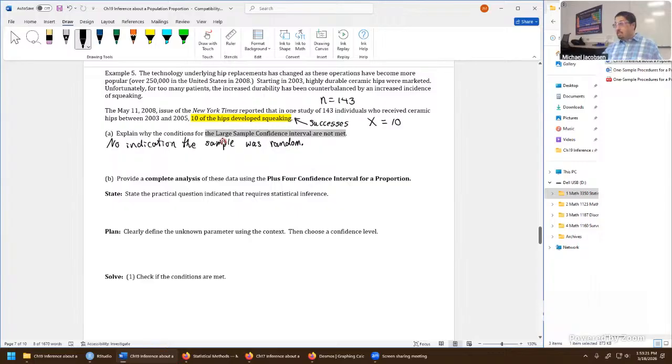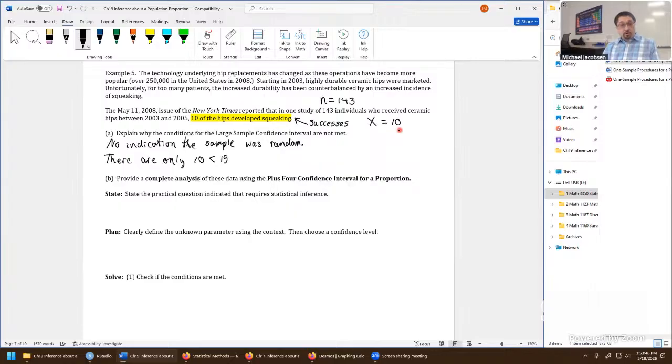But the other problem is, when we say large sample, we're talking about the number of successes and failures in the sample. This one has a lot of failures, 133, but only 10 successes. So that's the big reason we're rejecting this entire method. There are only 10 successes in the sample, which is less than 15.